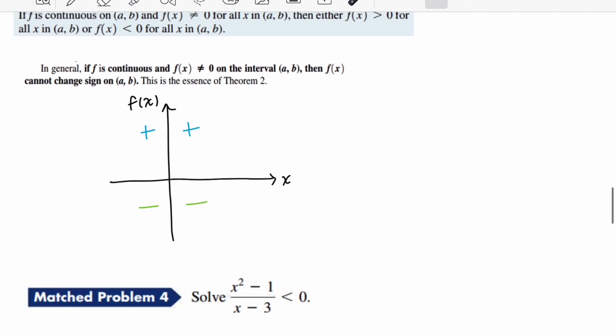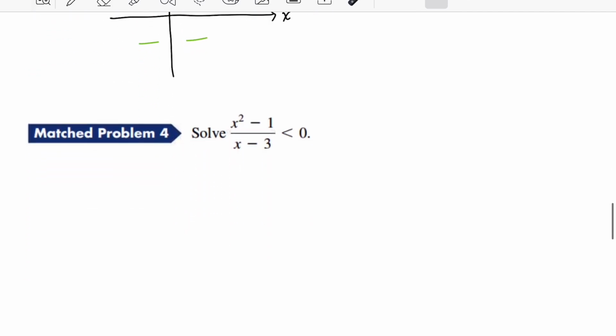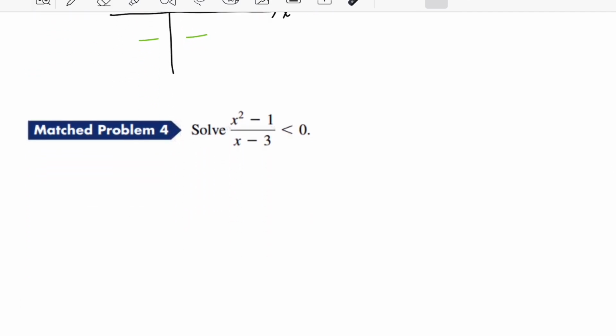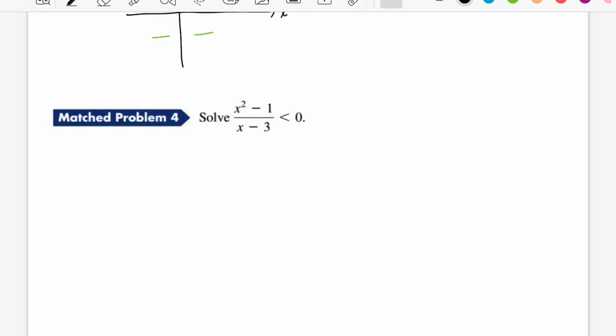All right, so what we'll do is we will solve this inequality here. We have x squared minus 1 over x minus 3, and we want to figure out where this function is less than 0. So we'll use theorem 1 to do this, and we will first start with finding where our function f of x is discontinuous and where it's equal to 0.